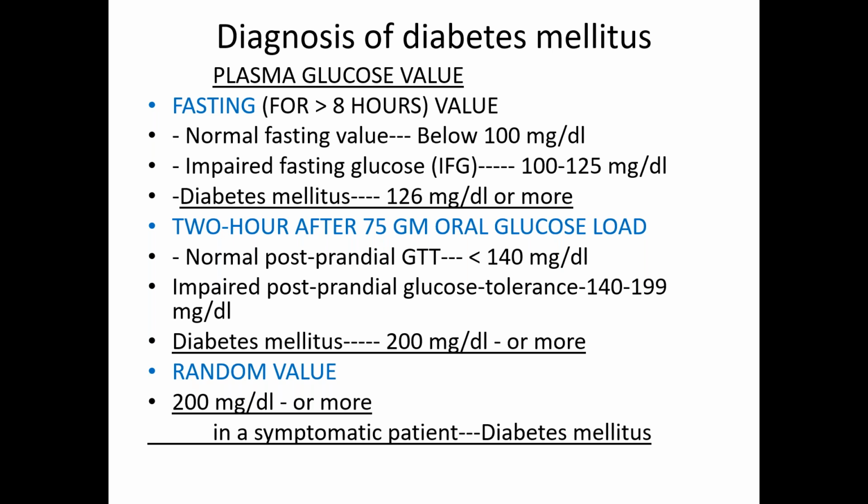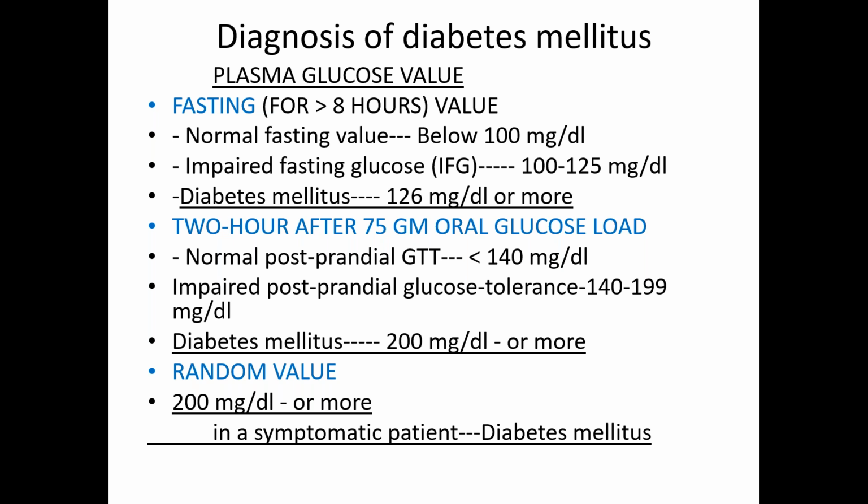After doing this, if the patient is diabetic, you need not go for the 2-hour oral glucose test. Only in case of impaired fasting glucose levels of 100 to 125 milligrams, you have to go for the next test, that is the 2-hour test.